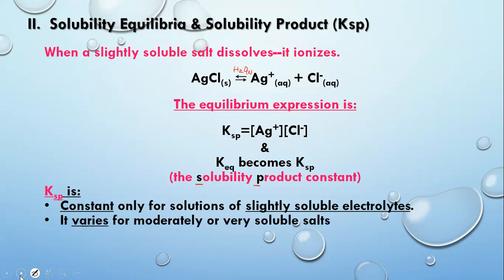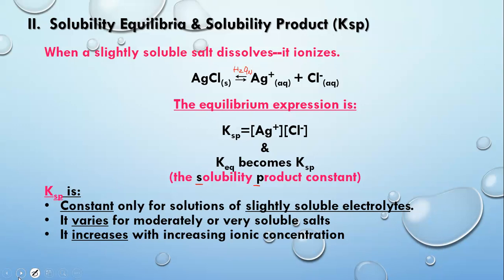KSP varies if it's a moderately or a very soluble salt. As I was saying at the beginning, if it's a very soluble salt where, if you apply your solubility rules, we would say that it 100% dissociates in solution, it would not form an equilibrium, so it would not apply here. It would vary. It would not be constant.